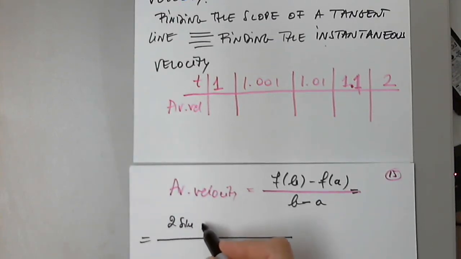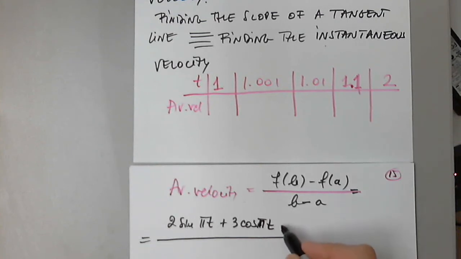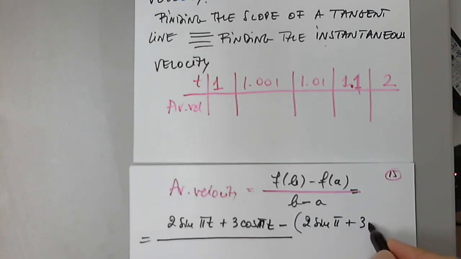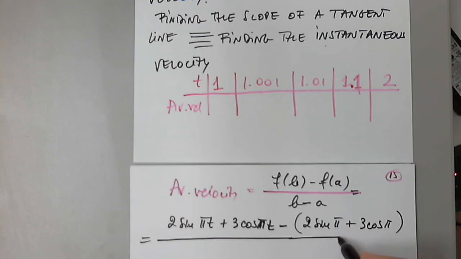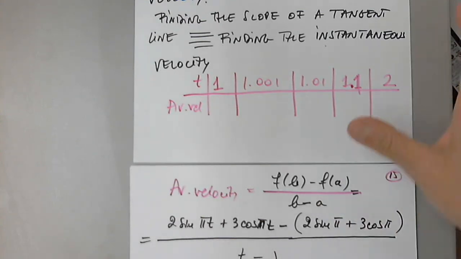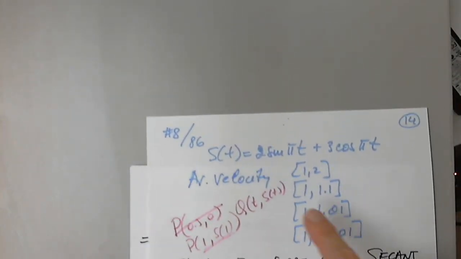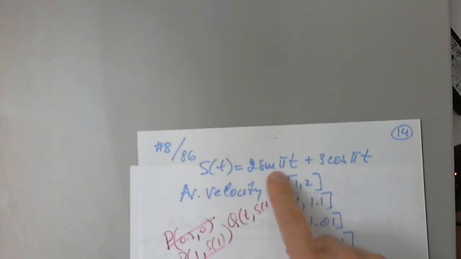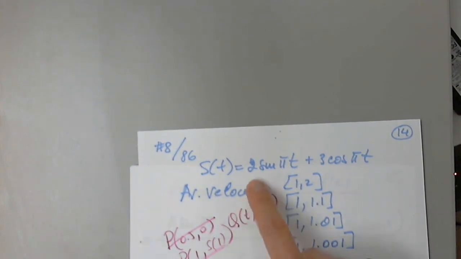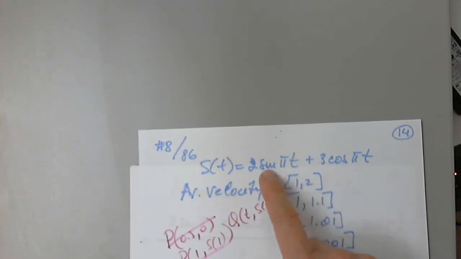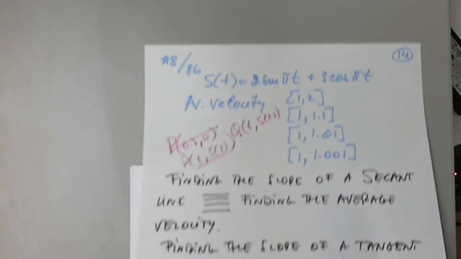2 sine pi t plus 3 cosine pi t minus, we plug in 1. 2 sine pi plus 3 cosine pi over t minus 1. One more time, the points are s of t, which is this, minus s of 1, which is this with t equals 1, over t minus 1.